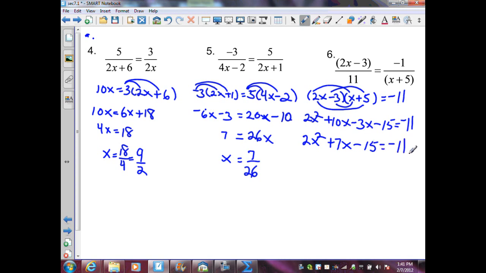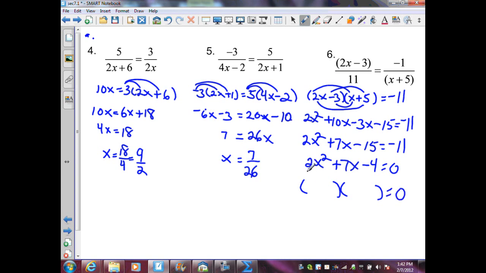This is a quadratic, therefore I need to set this to 0. To do that, I'm going to add 11 to both sides. That gives me 2x squared plus 7x. Add 11 to both sides. I get a negative 4. I still have a quadratic, and to solve that, I'm going to factor that expression.